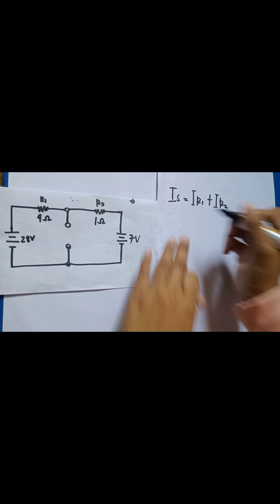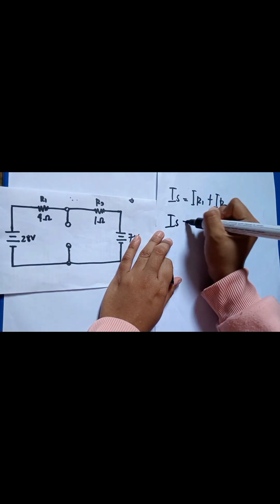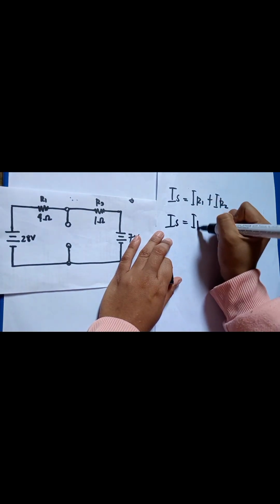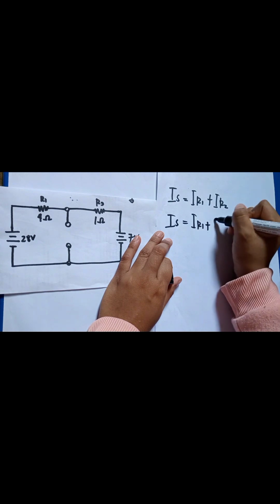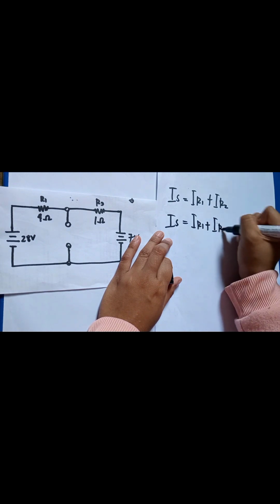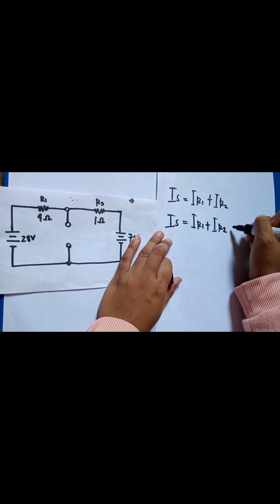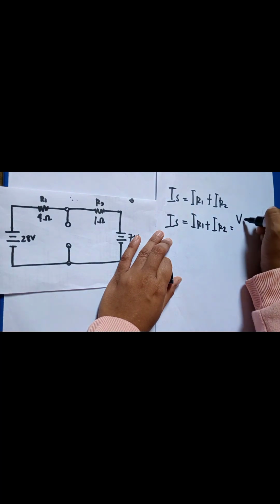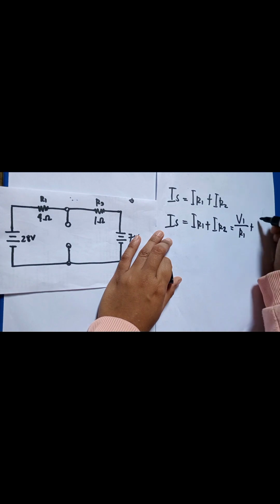Now applying Ohm's law to each of the individual branch currents, we have IS is equal to I R1 plus I R2, which is equal to V1 over R1 plus V2 over R2.